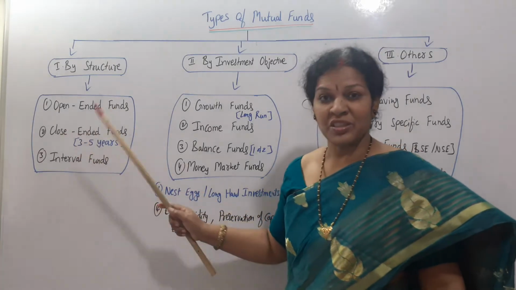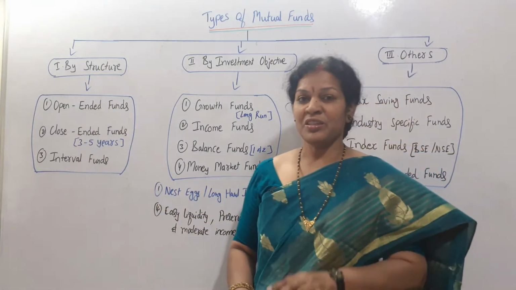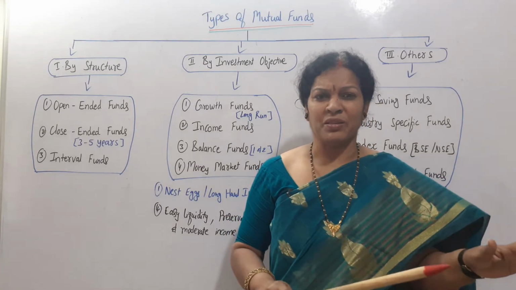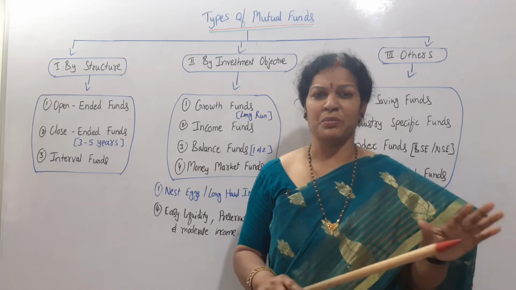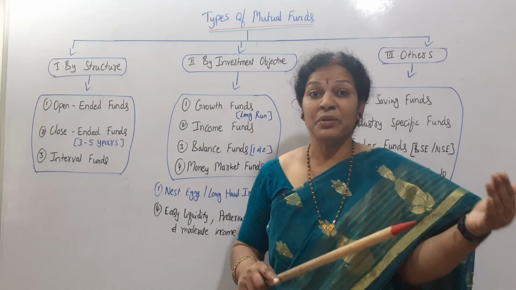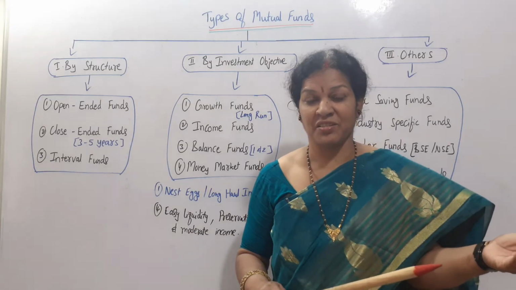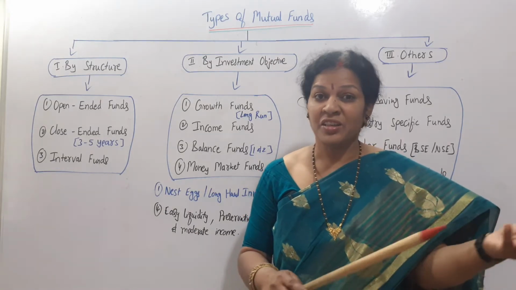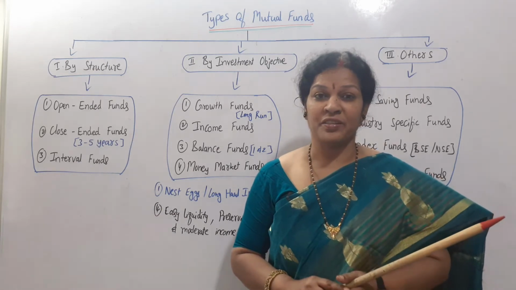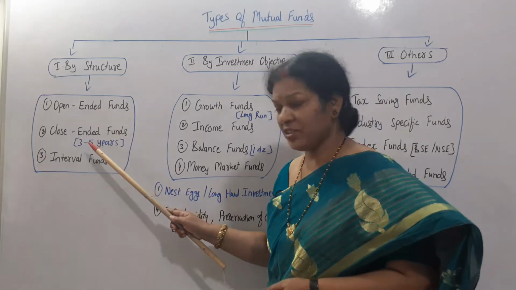Second one is close-ended. Close-ended means these funds are not generally available. These mutual funds are not available throughout the year. Sometimes it will be released. Whenever it is released, investors can buy it, but there is a lock period of generally 3 to 5 years.